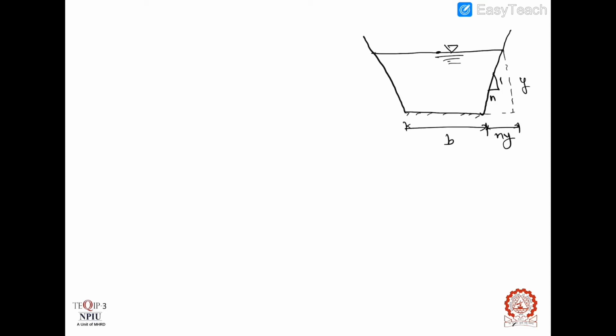Now let's take one point at the mid of the top width, O, and draw a perpendicular on the side BC. And this perpendicular is OF, let's say.